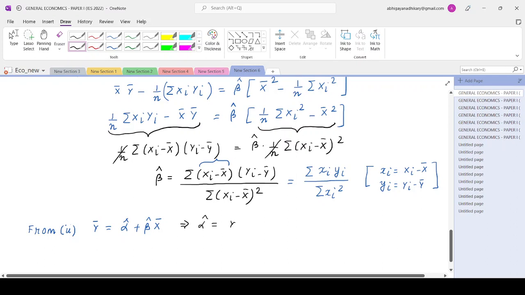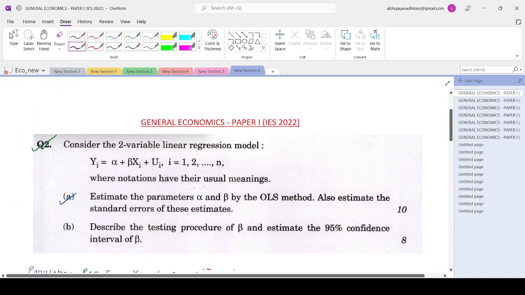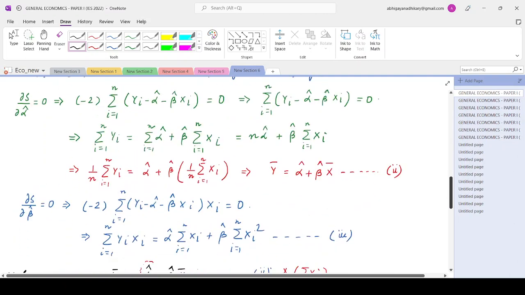It is basically y bar minus beta hat x bar. So these two are basically your estimates of alpha and beta that you are going to obtain by using the OLS method. So this is the first part of part A, and the second part is we also need to estimate the standard errors of these estimates. Okay.